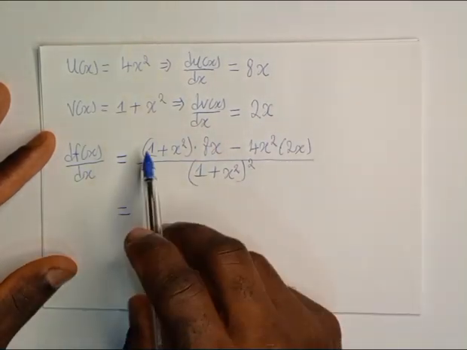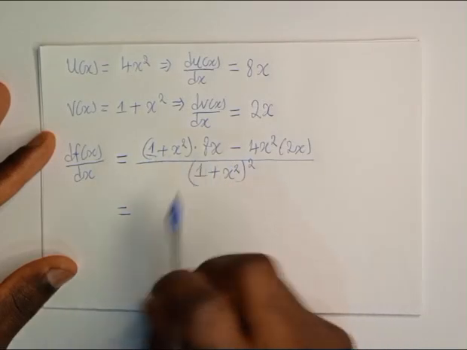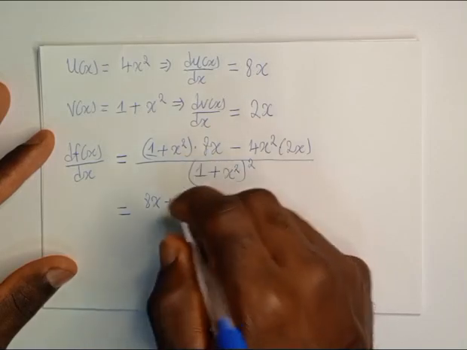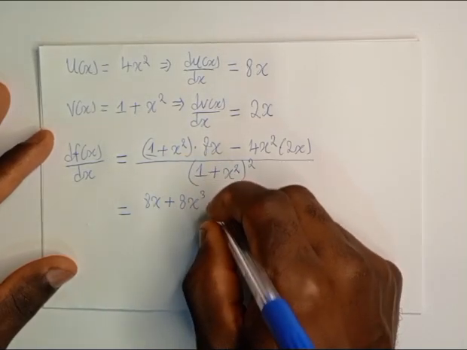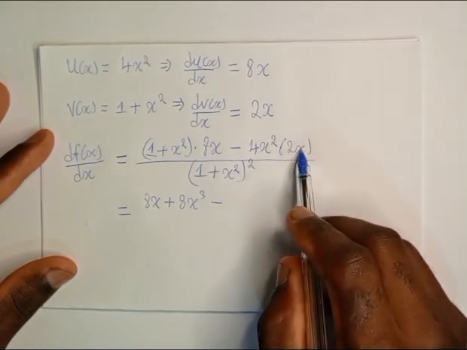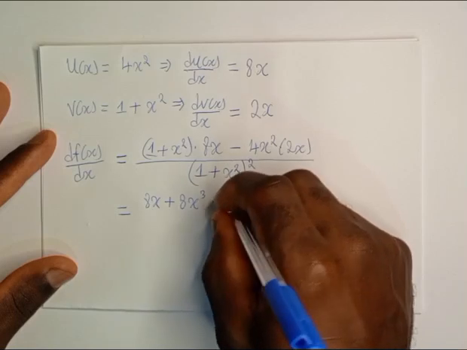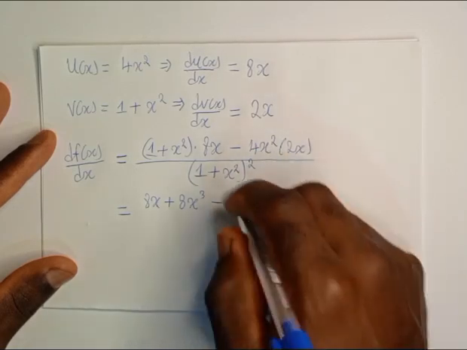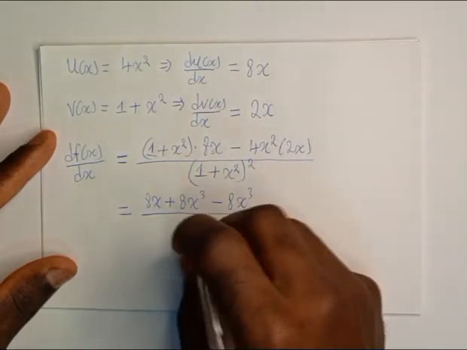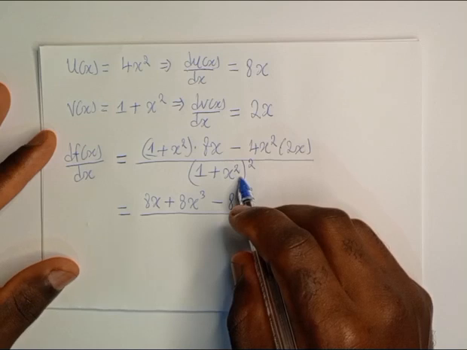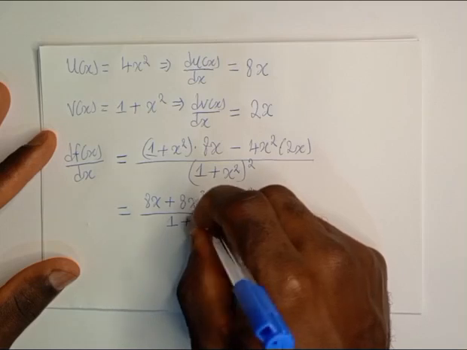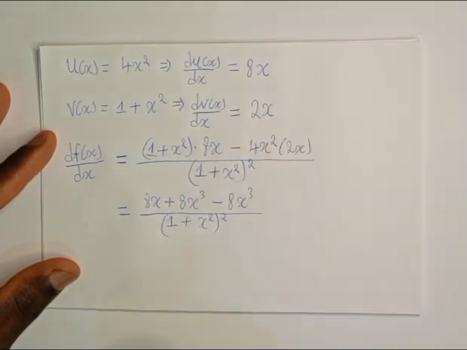This will simply be equal to, we have to expand the brackets. 1 times 8x gives us 8x, plus x squared times 8x gives us 8x cubed, minus 4x squared times 2x gives us 8, 4 times 2 gives 8, x squared times x gives us x cubed, all over, at the denominator, we are just going to leave it as such without expanding, 1 plus x squared, all this squared.